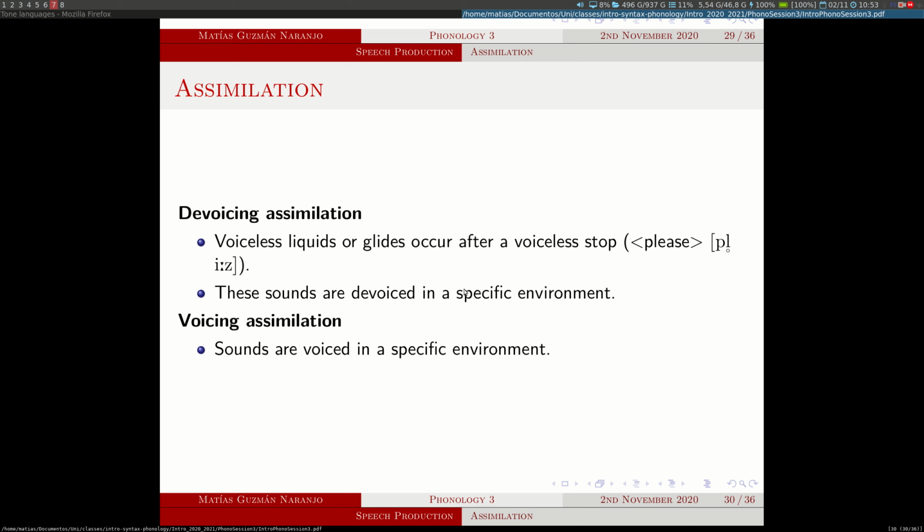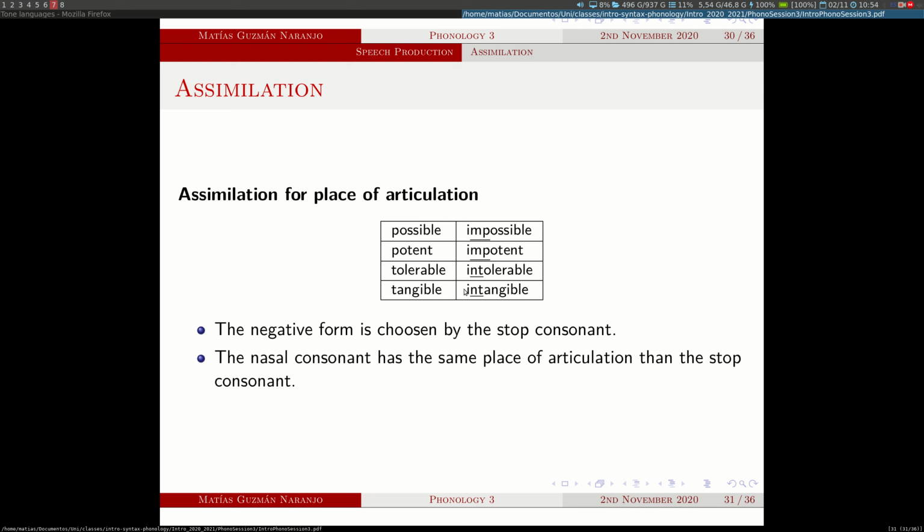This is another example of assimilation. You can have the voicing of the following consonant. You can also have the opposite voicing of the following or preceding consonant. You can have assimilation of the place of articulation. So, for example, in English, "in-" is a derivational prefix, which means the opposite of, more or less.